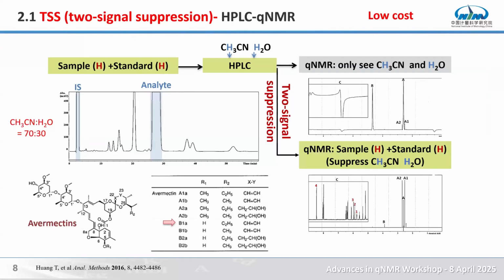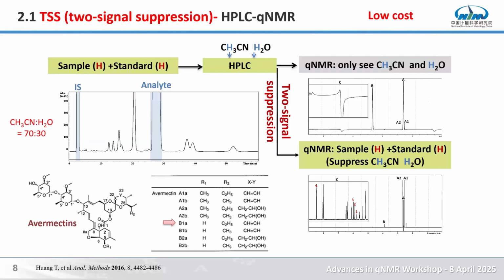The first method is the two-signal separation HPLC-qNMR method. Avermectin B1a with 7 homologs was used as the analyte. In this method, common solvents are used as the HPLC mobile phase, and the mixture solution of the sample and the internal standard was separated by HPLC, and only the eluates of the target analyte and the internal standard were collected in one NMR tube for qNMR analysis, avoiding the disturbance of other impurities.